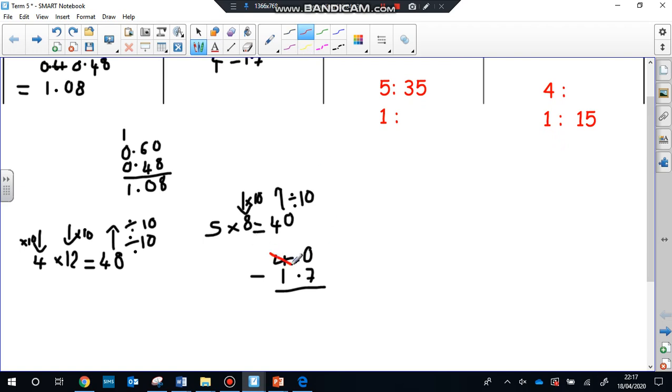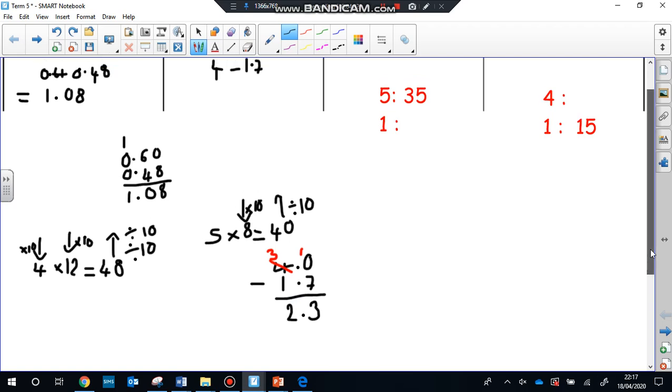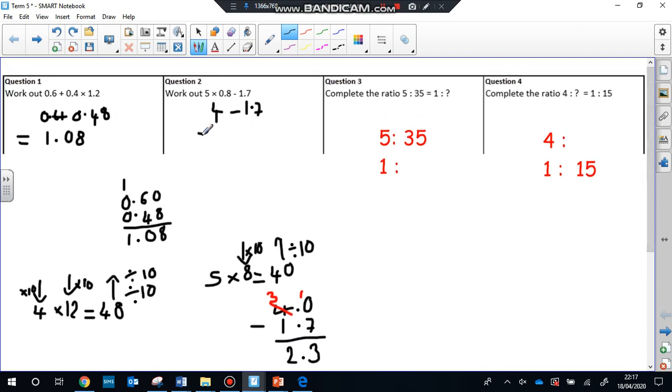So I'm going to cross out the 4 and just leave 3 units there and borrow 1 over here, which gives me 10 tenths. 10 take away 7 is 3. Decimal point goes in line. 3 take away 1 is 2. So the answer is 2.3. Okay, all right. So that's BIDMAS and decimals.